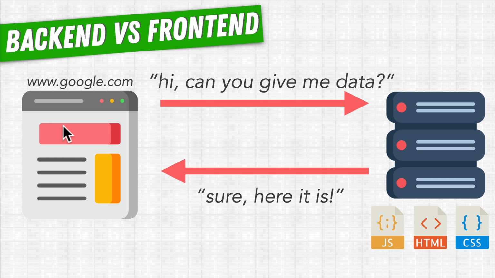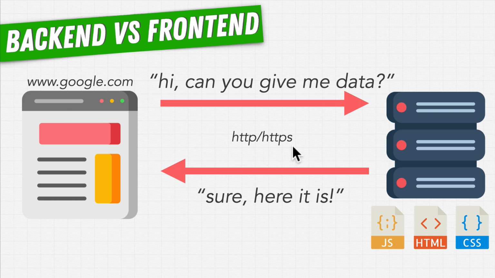The language that the server uses to talk to the client and the language that the client uses to send requests for data to the server is called HTTP, or the Hypertext Transfer Protocol. HTTP is used to transfer these files from the server to the browser.